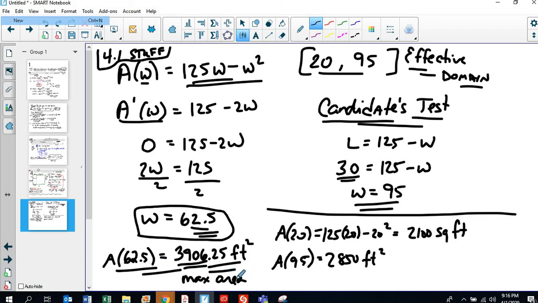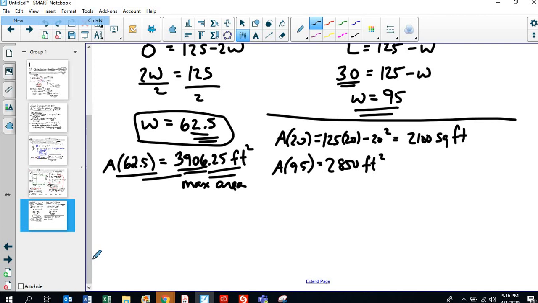Now, what did the question originally say? The question originally said, find the dimensions that give you the maximum area. How do I find the dimensions? Well, I have to take L. L was equal to 125 minus W. Plug in this for W, and you get 125 minus 62.5, which is, again, 62.5.